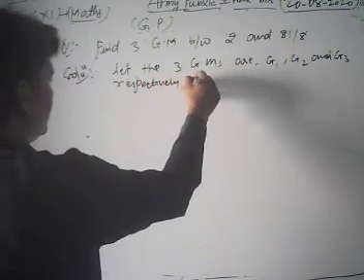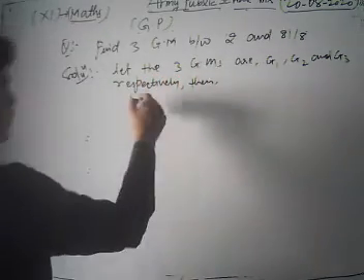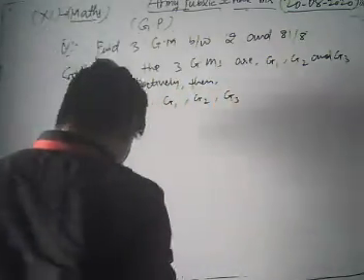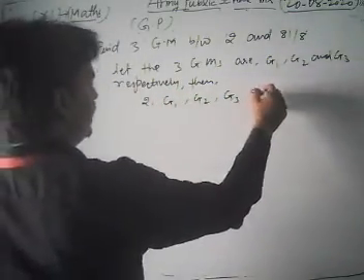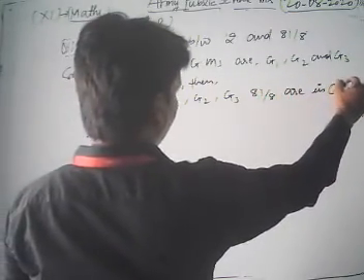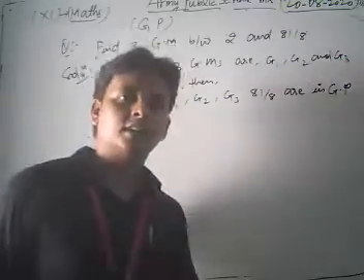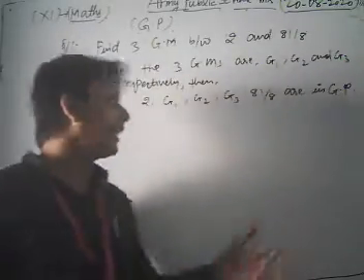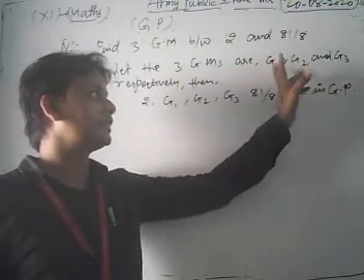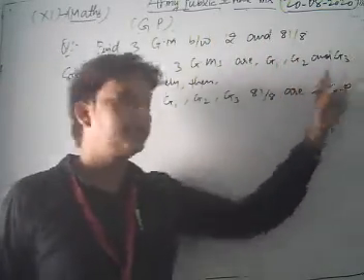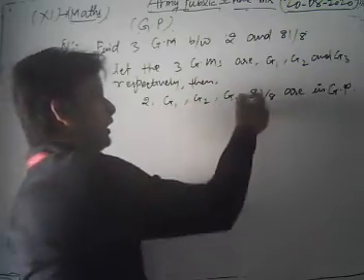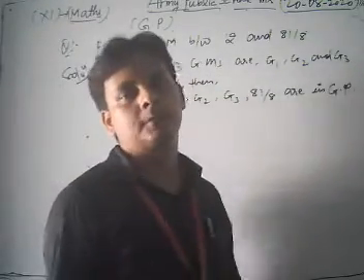Then dear students, 2, G1, G2, G3 and finally 81 by 8 are in what? Are in GP. Because we take the three geometric means between 2 and 81 by 8 as G1, G2 and G3 respectively, the sequence 2, G1, G2, G3 and finally 81 by 8 are in GP.